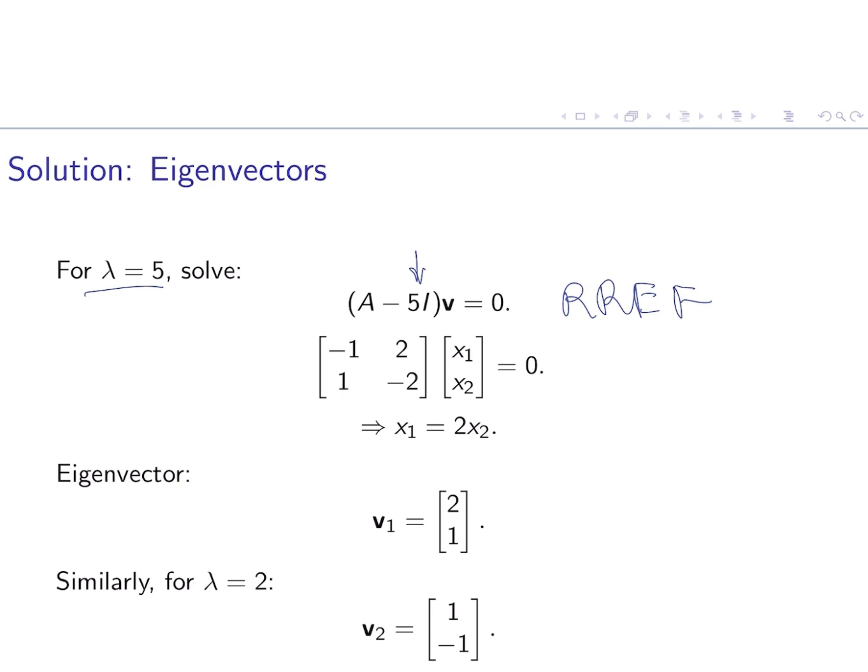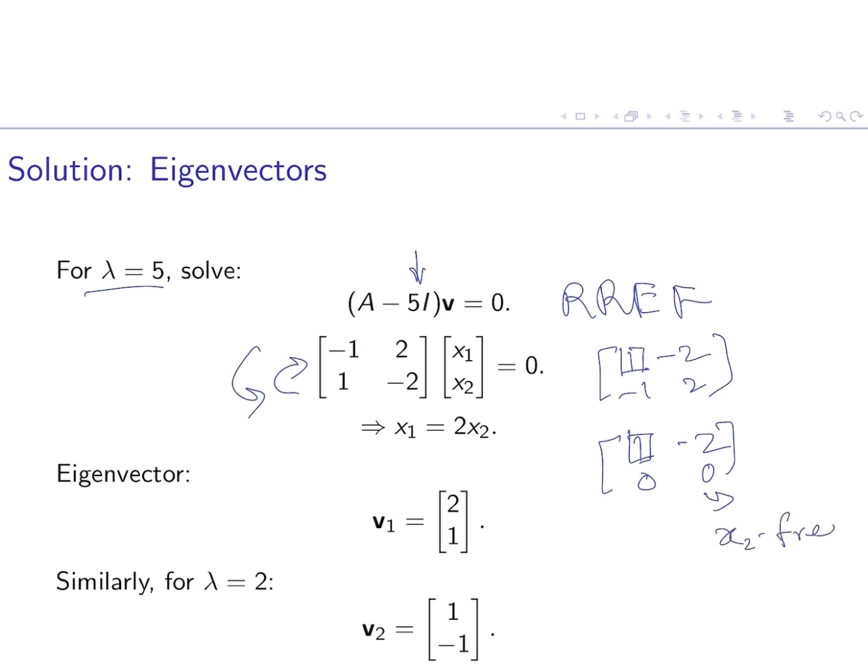So you can swap the rows. So what you will get is 1, minus 2, and then you make this a pivot and add it to this. So what you will get is 1, minus 2, and then 0, 0. So you are having only one pivot entry and another variable with no pivot entry. It means that x2 is a free variable.